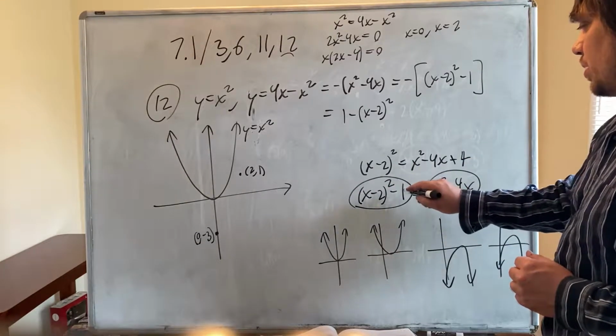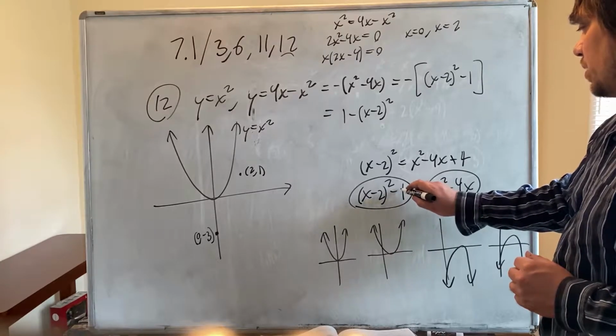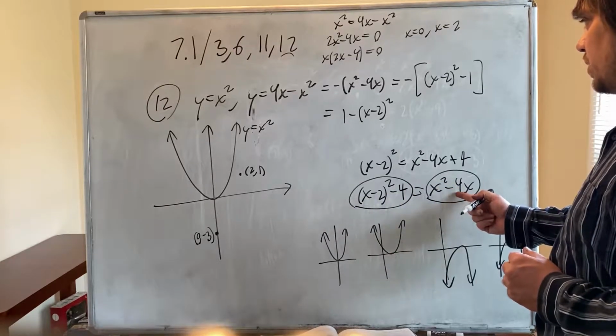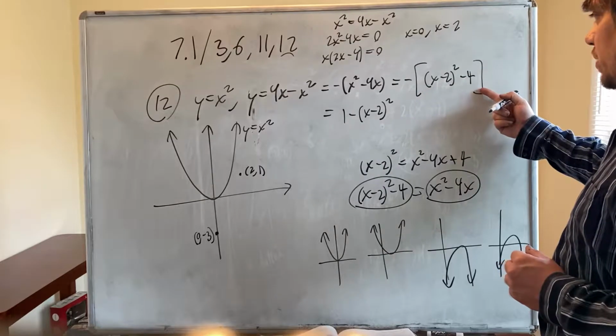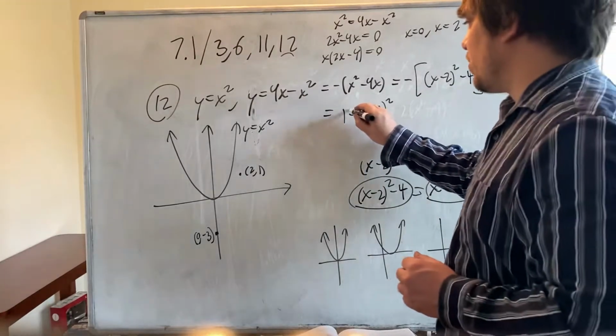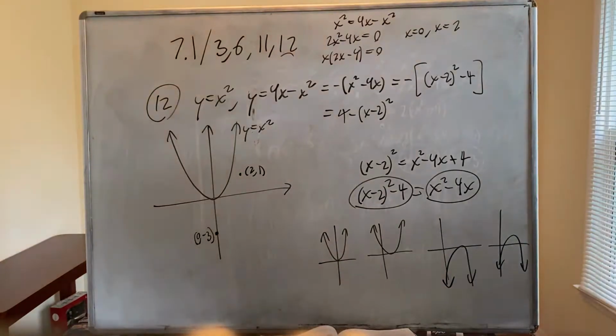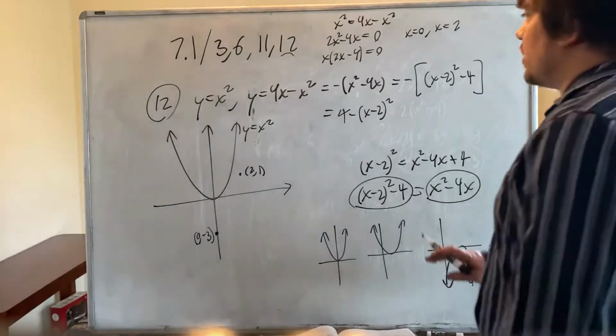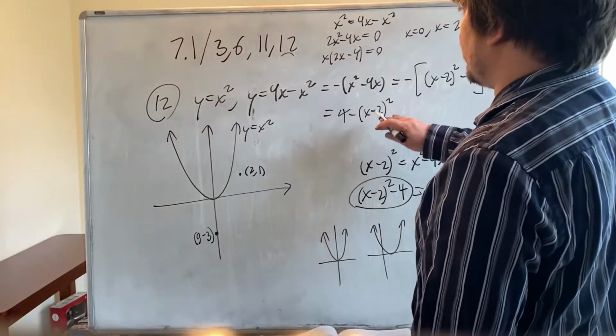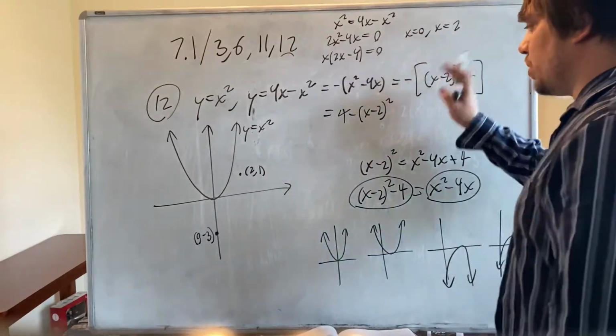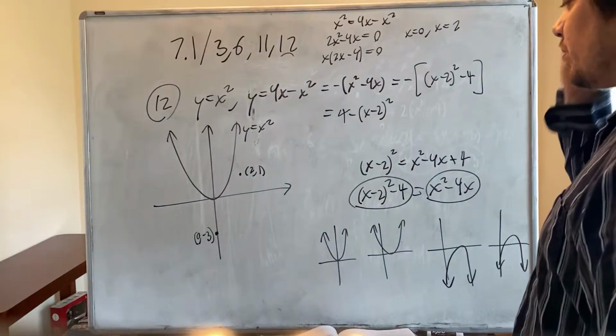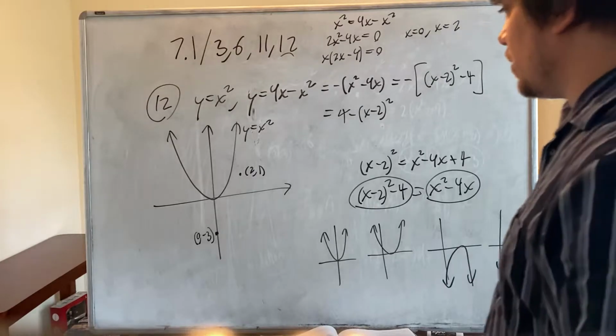And so x minus 2 squared minus 4 is equal to that. There's a minus 4 here. And so it's 4 minus x minus 2 squared. Right, so then you still get x equals 0 and x equals 2. Okay, for the intersection points.